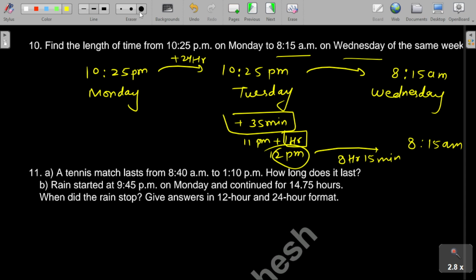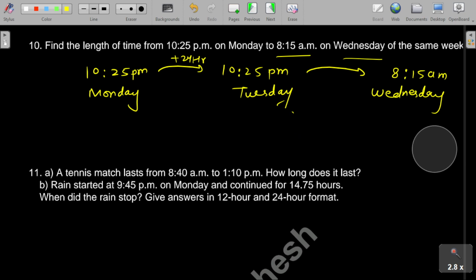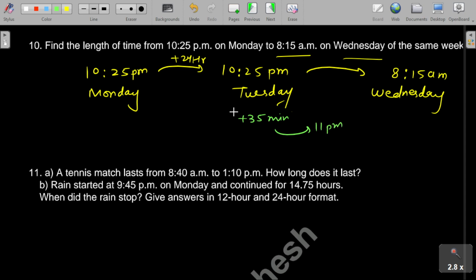I am doing it once again so you will understand it better. Changing the color of the pen. If I add 35 minutes, then the time is 11 p.m. And if I add 1 hour, then the time is 12 at night.